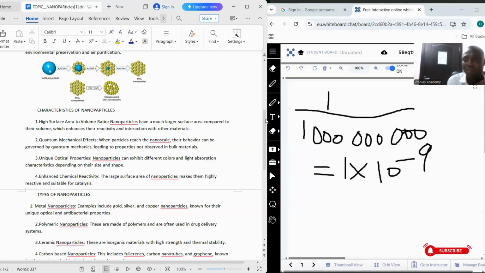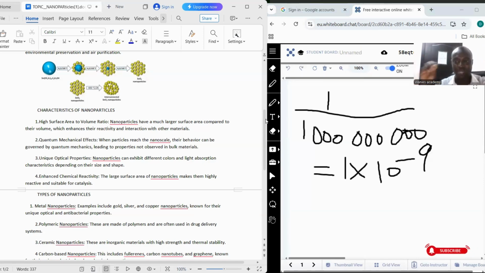Then another property unique to them is what we call unique optical properties. Typically, nanoparticles can exhibit different colors and light absorption characteristics depending on their size and on their shapes.